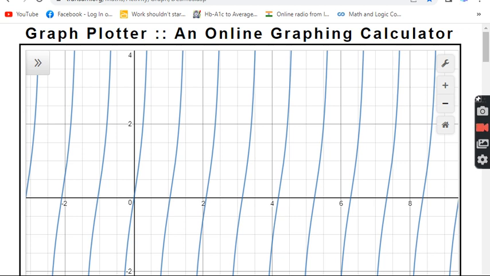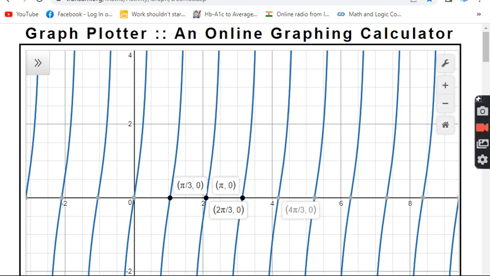Students, in this online graph plotter, the domain is not only the domain in our question, 0 to pi, but all values are given. So we have to focus on 0, then pi by 3, then this function and this function and this function till 2 pi. So focus on the black dot.